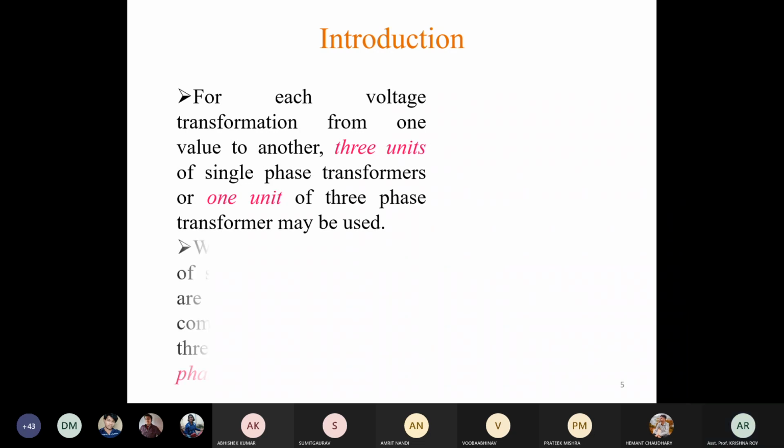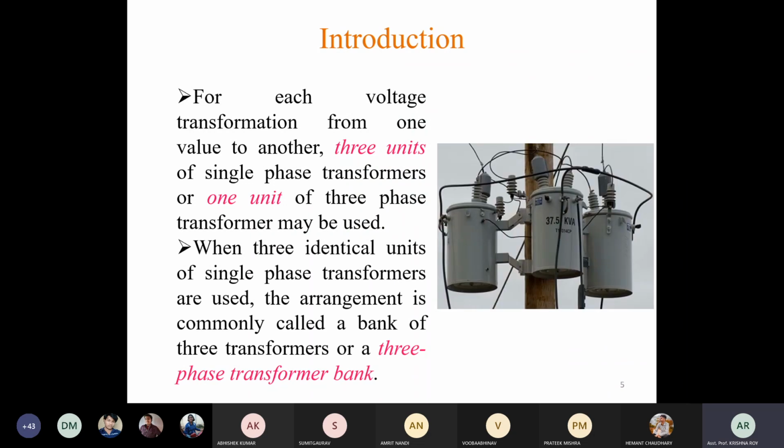Okay, so when three identical single-phase transformers are used as a three-phase transformer, normally that arrangement is called a three-phase transformer bank.